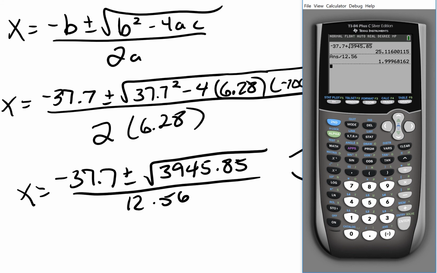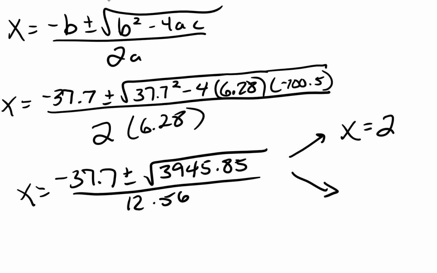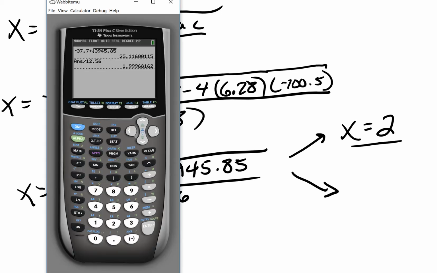So we get an answer of 1.999 repeating, which is basically 2. So one of our answers is 2. The second answer, we take our calculator, we do the same calculations. Now notice I'm not going to waste time typing all this back in because I can use my up arrow key. I can go back up here. The only difference is I'm going to subtract instead of add. So I'm going to hit the subtraction key, get that answer, and divide by 12.56. That gives me an answer of negative 8.